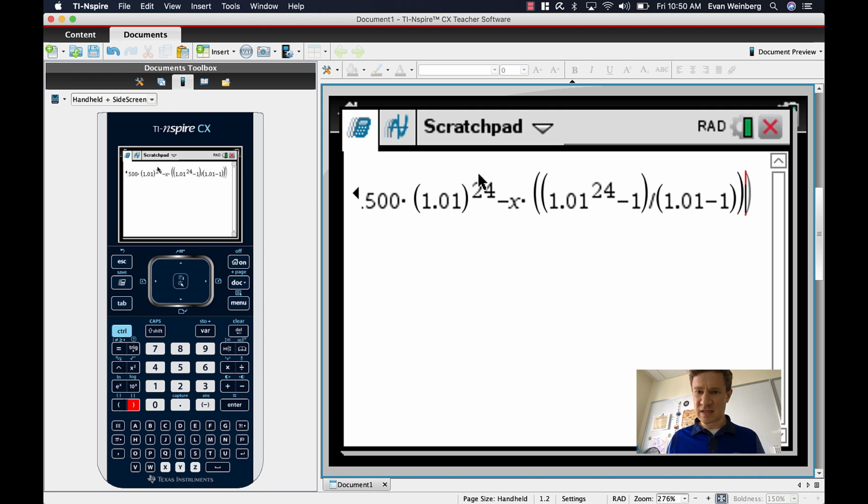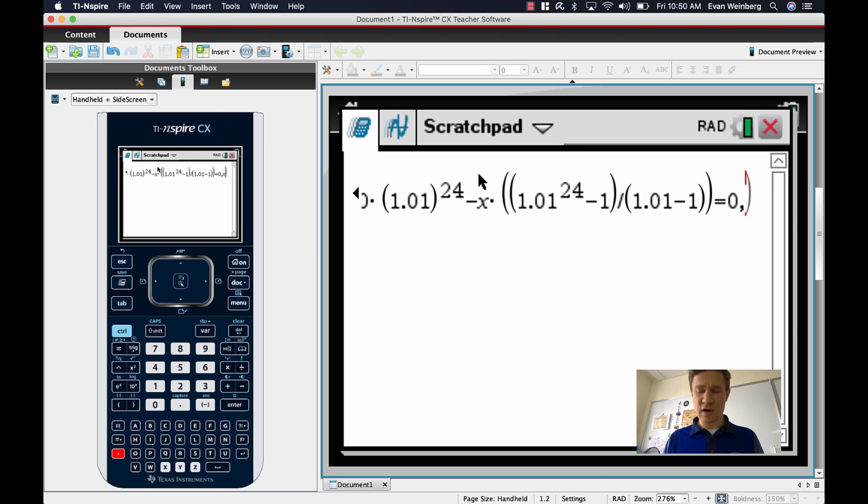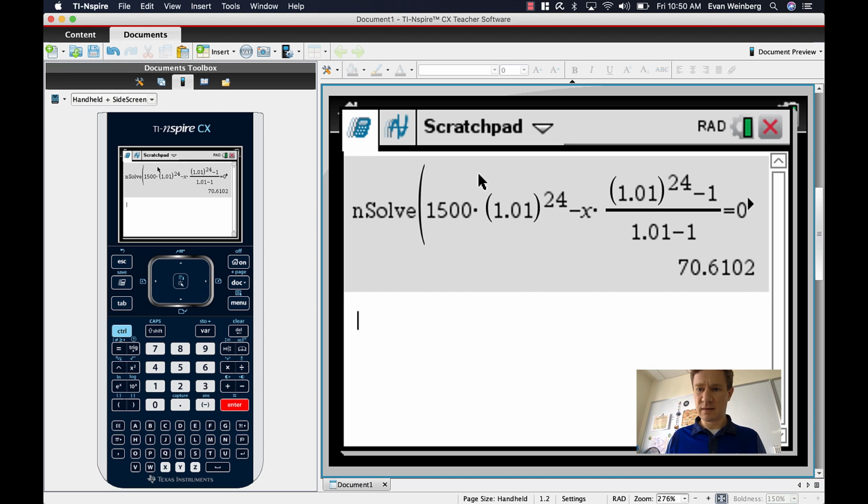I think that covers the entire thing, equals 0. And I'm going to put my variable, which is x, because that's the variable I'm solving for, hit enter, and this solves the entire equation for me. I get 70.61. This 70.61 is the monthly payment that I would be making every month. So $70.61 per month will make it so that after 24 months, the amount owed goes to zero.